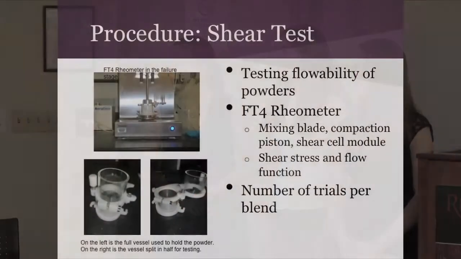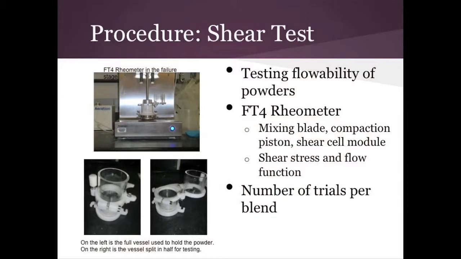The amount of powder, 1 kilogram, also fit approximately the 50% fill level of the V blender. We chose 10% increments because we felt that this data set would allow us to create the best flowability graph.